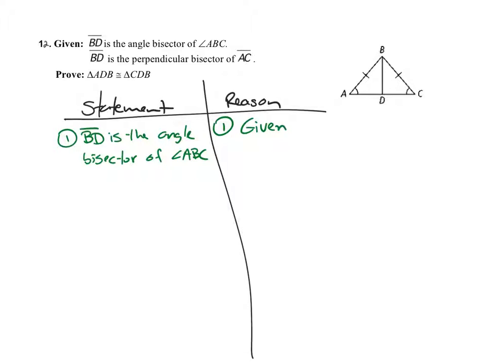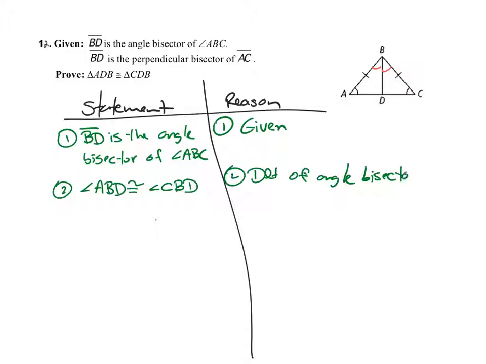If this is the bisector, that means that this angle is congruent to that one. So angle ABD is congruent to angle CBD by definition of angle bisector. My angle bisector is dividing angle ABC in half.